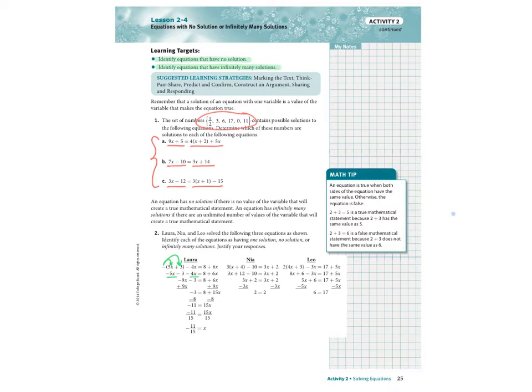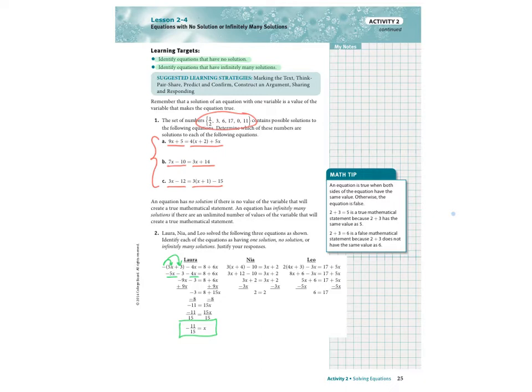Looking good. Then they start using that addition property of equality by adding the 9x to each side to start to combine like terms. And then they start moving the 8 to the other side. And you can see, we're now using the division property of equality where we divide by 15. And lo and behold, this time, we don't get as pretty of a number as maybe we have before, but that's okay.